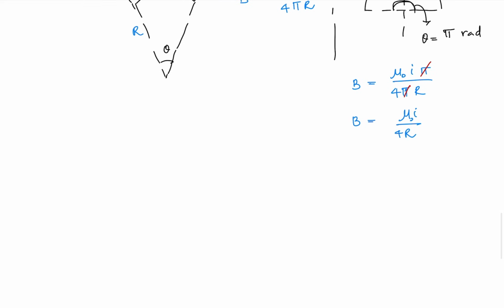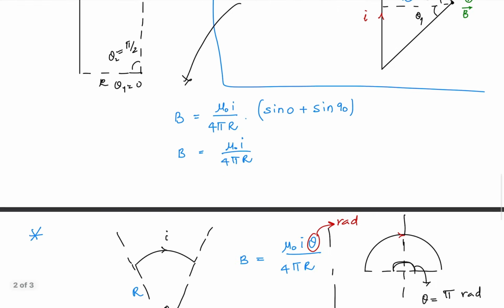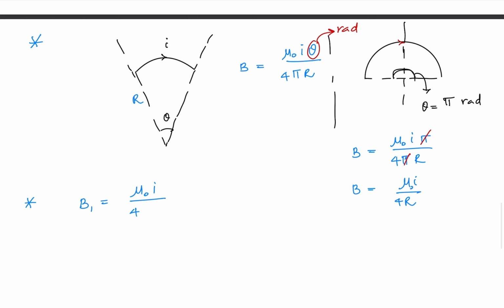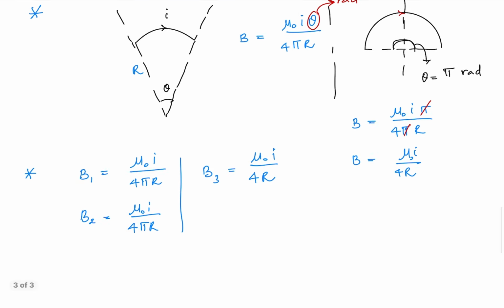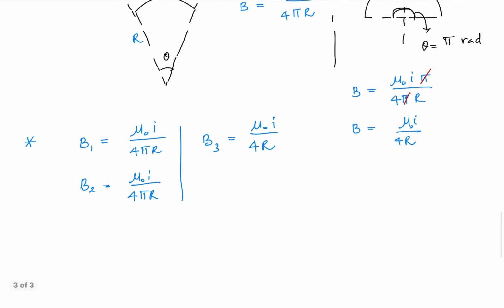So the magnetic field due to wire 1, B1, is equal to mu naught I by 4 pi r, and due to wire 2, B2 is again mu naught I by 4 pi r. Due to the semicircular wire, B3 is equal to mu naught I by 4r. These are the magnetic fields due to each wire carrying current: one is semicircular and the remaining two are straight wires.